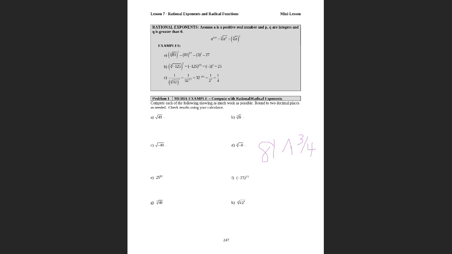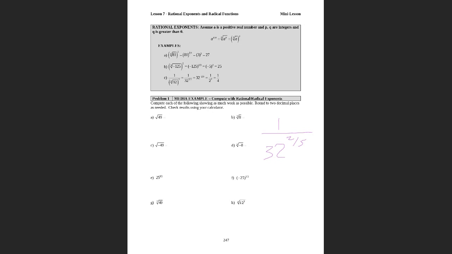Now, what about c? If you look at c, we have 1 over 32. Because we know that the root is 5, that is going to be the denominator. So 2/5 on top as the exponent, right?